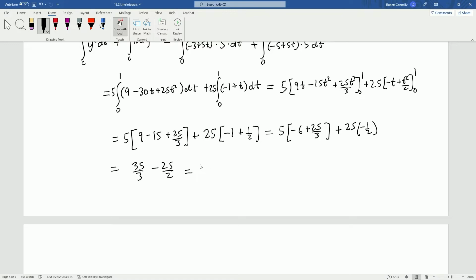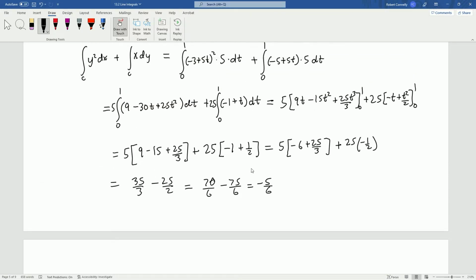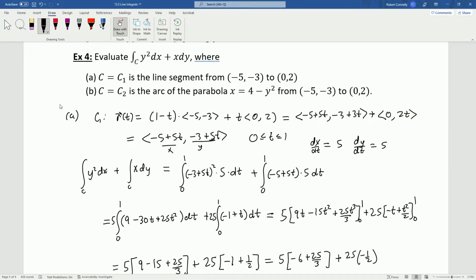That's going to give me 70 over 6 minus 75 over 6, which is negative 5 over 6. Okay, so that's it for part A.